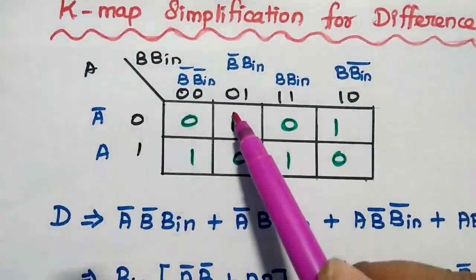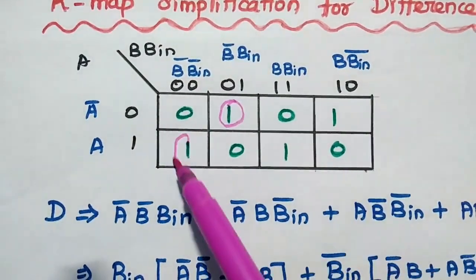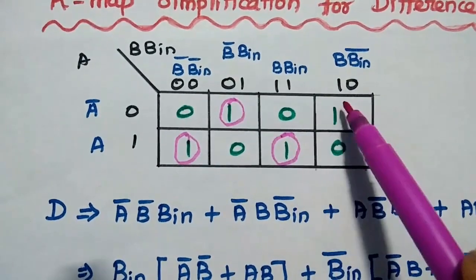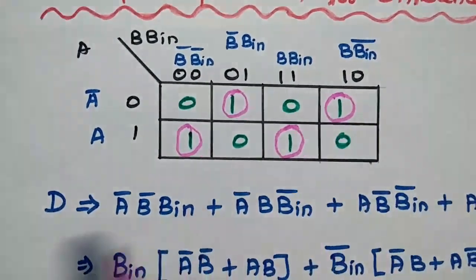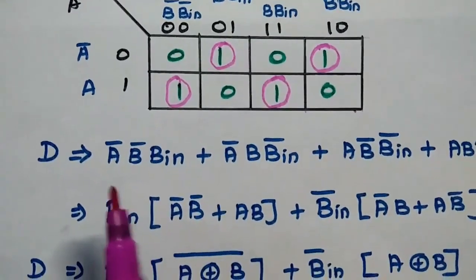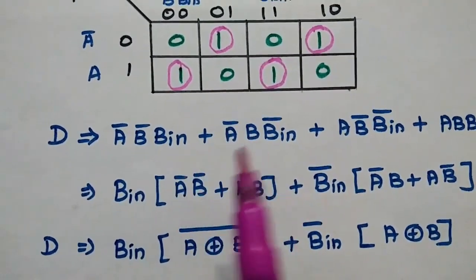So now we are going to consider only the higher bit. In order to obtain the Boolean expression, we consider the higher bit.